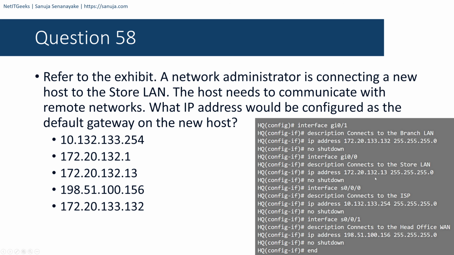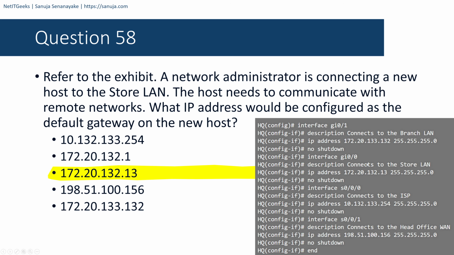So any device connected to the store LAN has to use this address as its gateway. That's the answer, 172.20.132.13. Again, you don't know anything other than what was provided to you by Cisco.